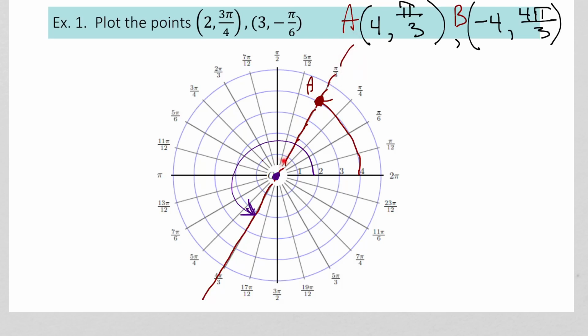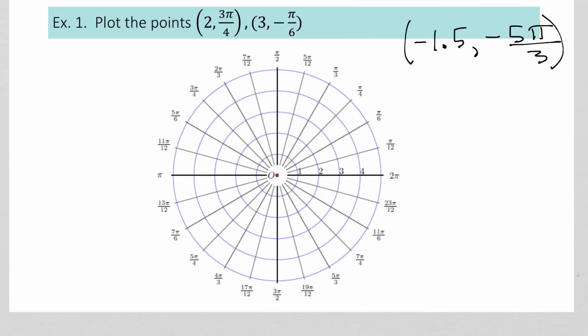So if I go backwards 4 from the pole, you're going to find that A and B are the same point. This point and this point are exactly in the same location on my graph. So that can happen with points in polar coordinates.